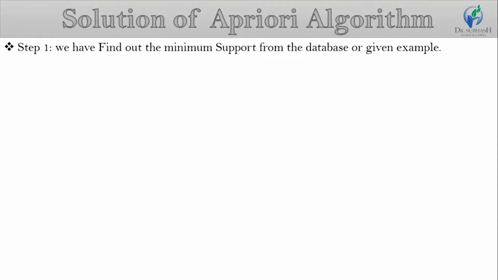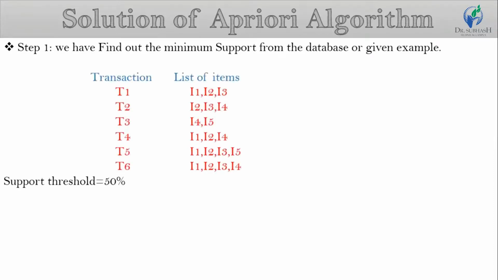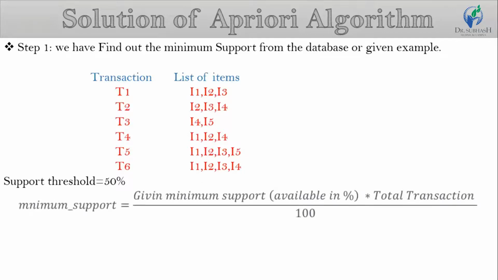Here, minimum support is given in percentage, so we convert it into a number with the equation: minimum support is equal to the given minimum support, which is available in percentage, multiplied by total transactions, divided by 100.